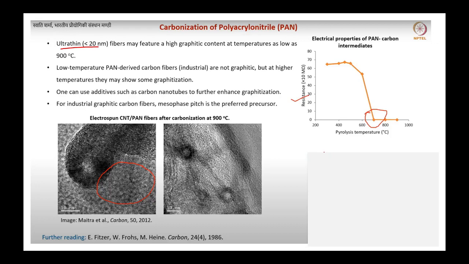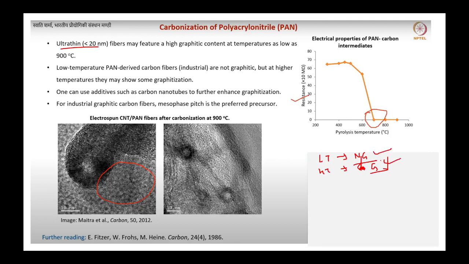Low temperature PAN-derived carbon fibers are not graphitic, but when you use a higher temperature it may show some graphitization. You know very well from my previous lectures what non-graphitization and graphitization are. If not, you can watch the previous lectures.